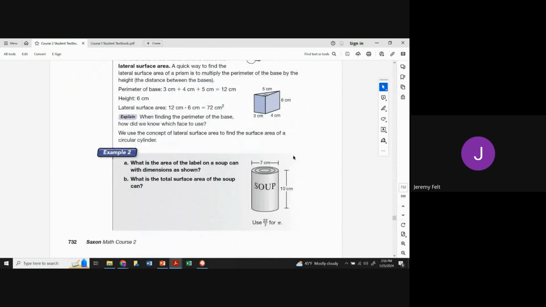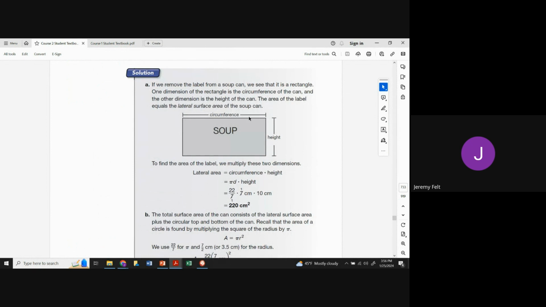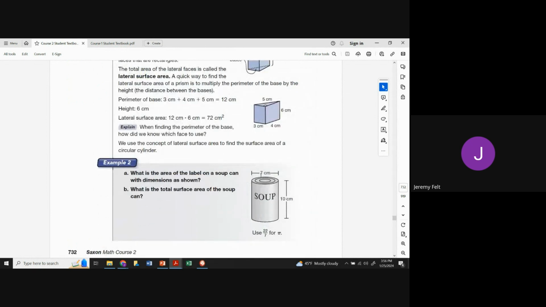If we're looking at a cylinder, the easiest way, they always use the example of a soup can, and I actually appreciate it because if you were to roll out a label off of a soup can or a coffee can, it would be a rectangle. The distance from here back around would be the circumference of our circle, and the height of our rectangle would be the height of the can.